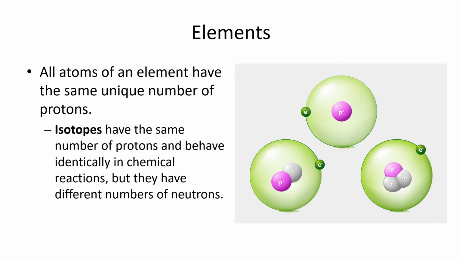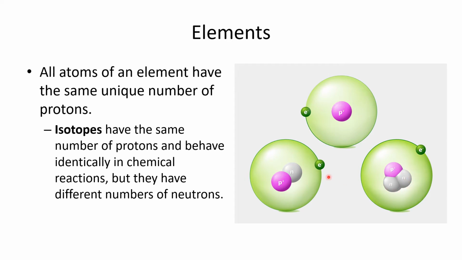So when we talk about a hydrogen isotope, it's going to have 1 proton. Okay, so here's 1 proton, here's 1 proton, here's another 1 proton. So these are all hydrogen if we look at the proton number. But what you're going to notice is that they have a different number of neutrons. So this one has 1, this has 0, and this one has 2.